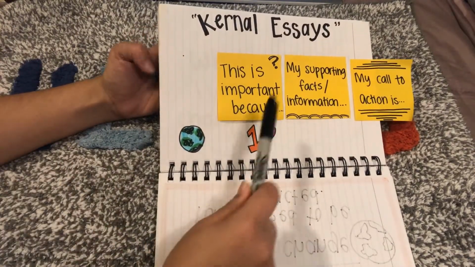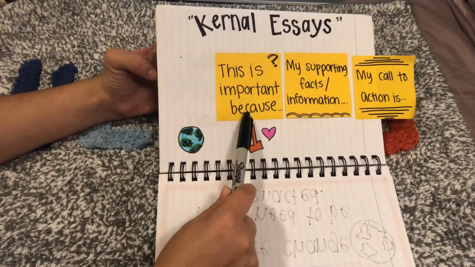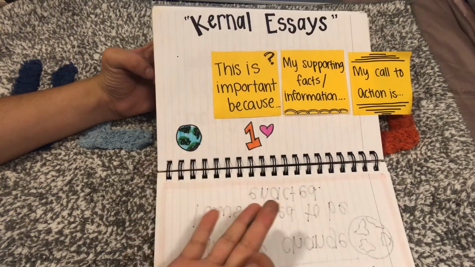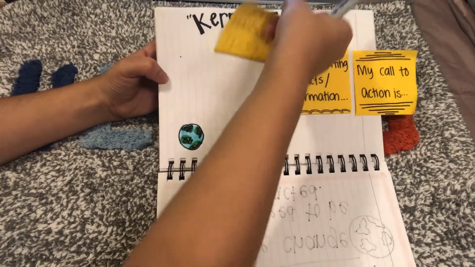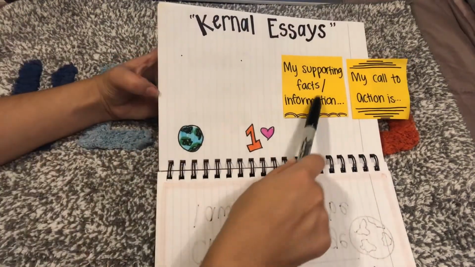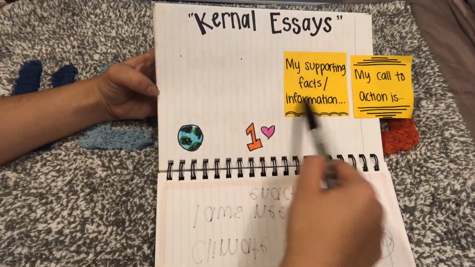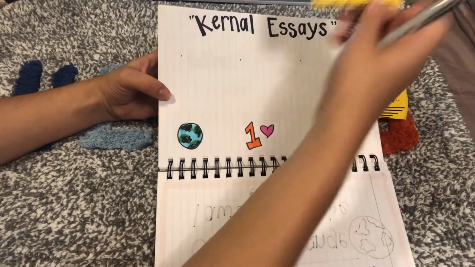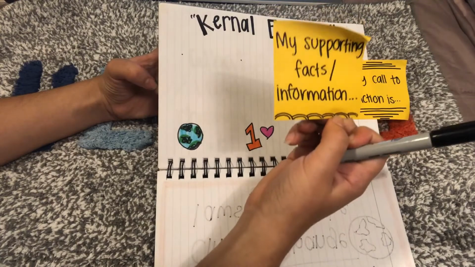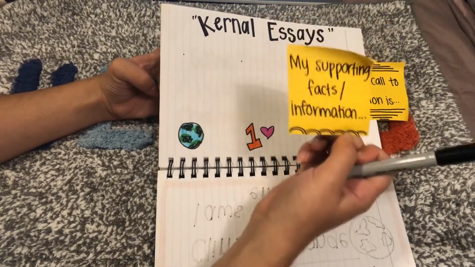Then we went over why the problem is important to you, or why we should care about the problem. Why is the problem important to us? Now today we are going to be talking about supporting facts and information. So how do I make sure that I have correct facts and correct information to support the problem that I'm talking about?